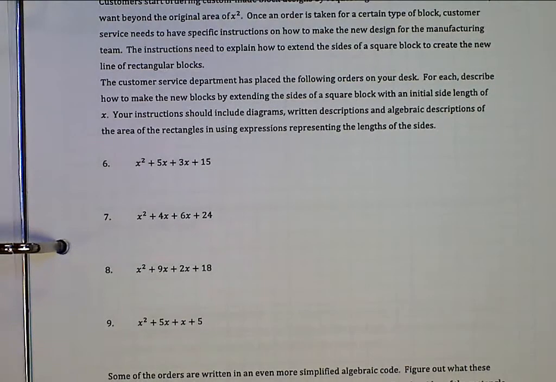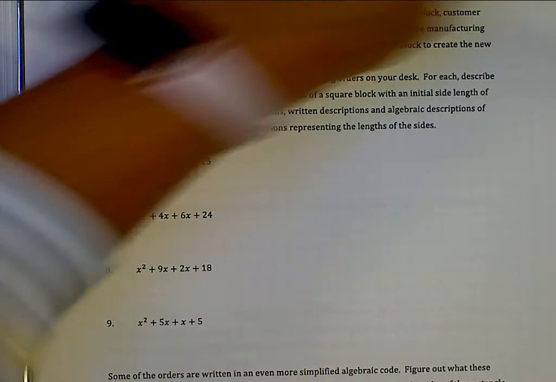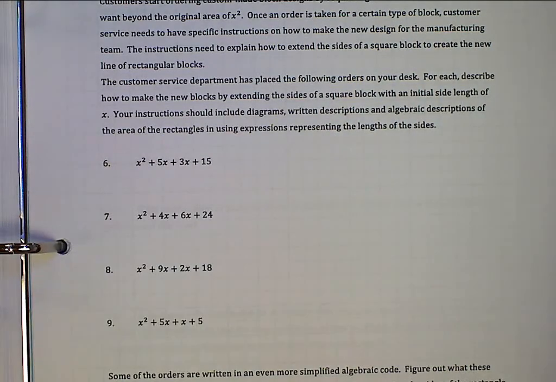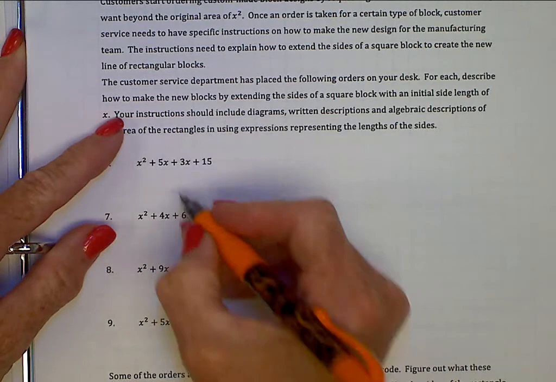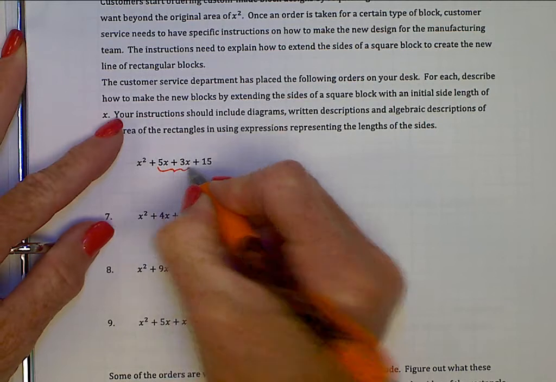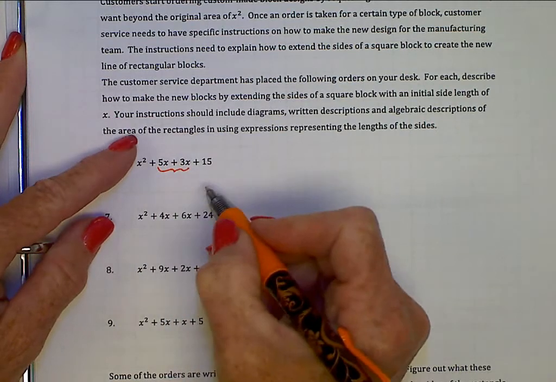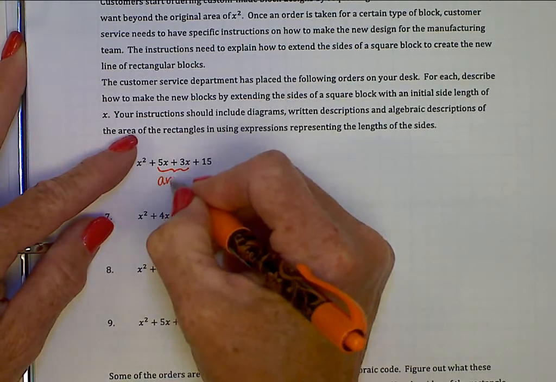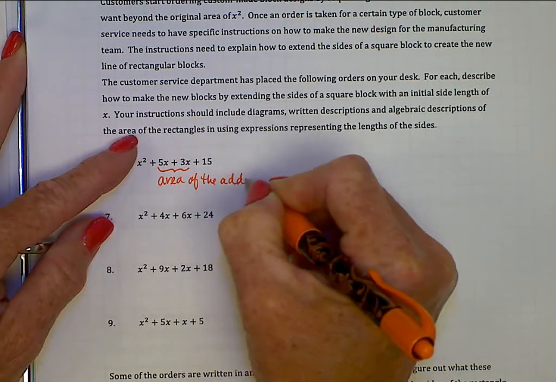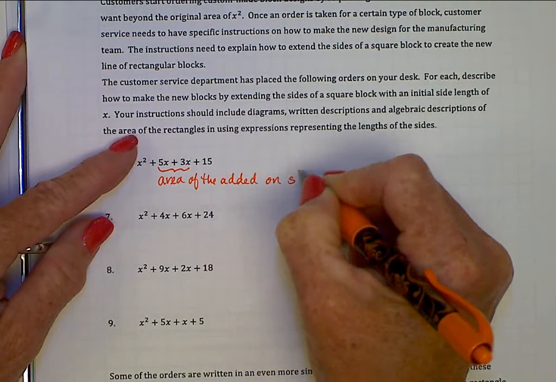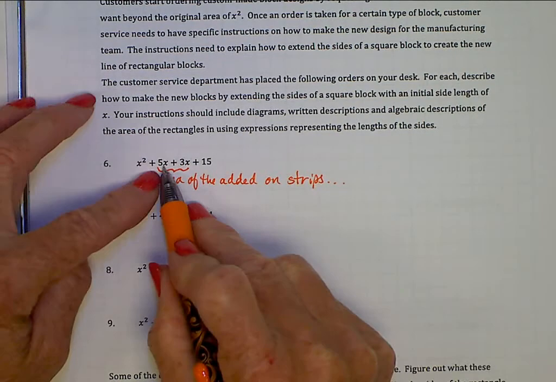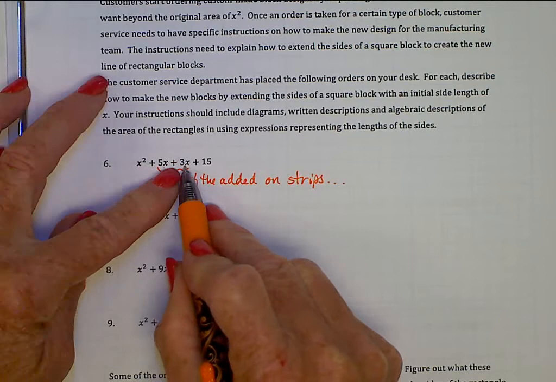When we look at this big long list that customer service gave you to figure this out, the 5x and the 3x are the area of those added on strips. Five on one side and 3 on the other side.